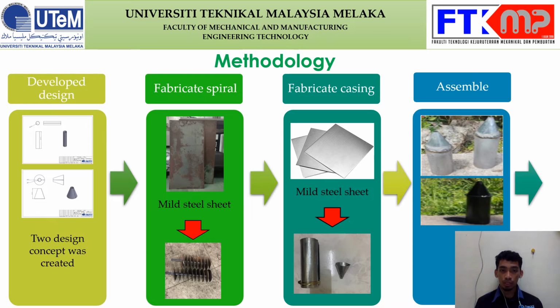I cut it using a shearing machine to get the precise dimension, used a hand notcher, and used a roll machine for making the shape of the casing. Lastly, to assemble all the parts, I joined them by MIG welding.